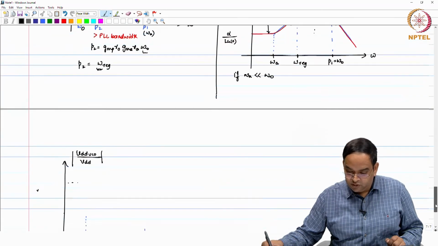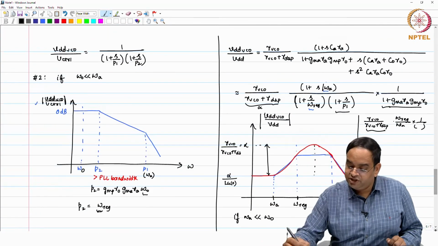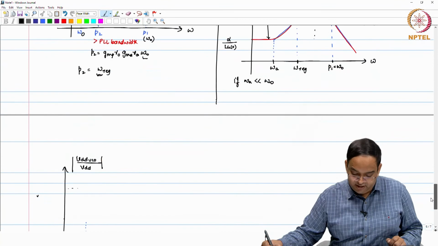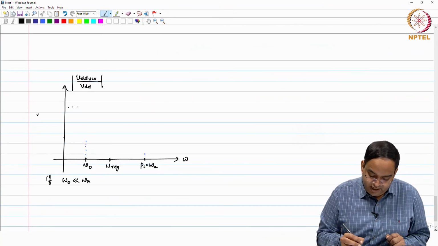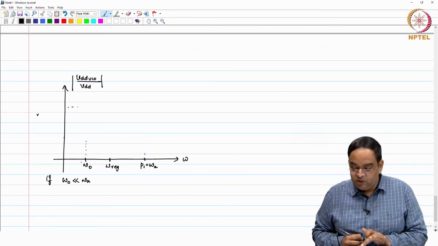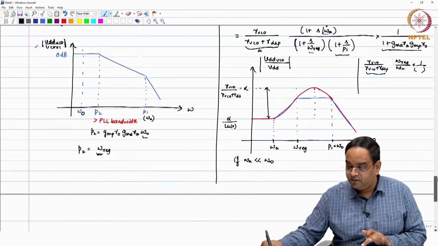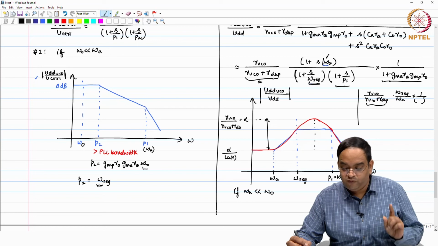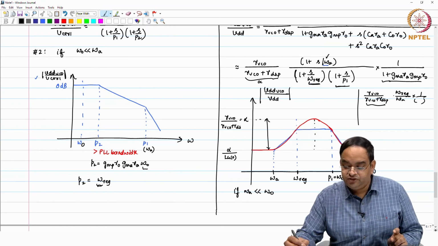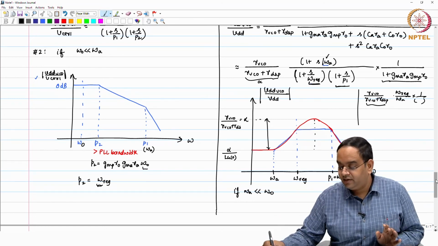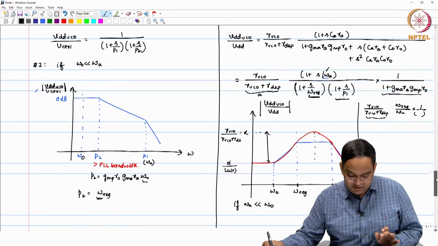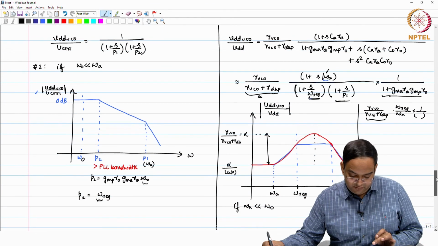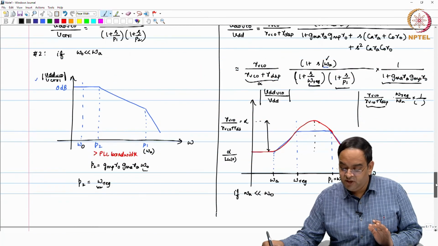The 0 position does not change, the 0 is at omega A. But before that you get the regulator bandwidth. So, in closed loop you get the omega regulator pole first, then the 0 and another pole later. And what was P1, or P2? P1 will be omega A.